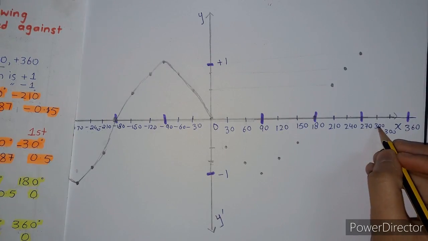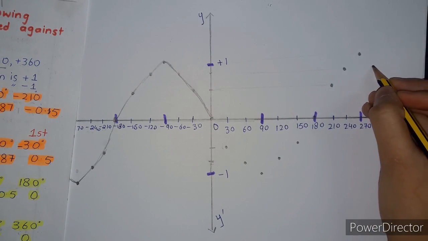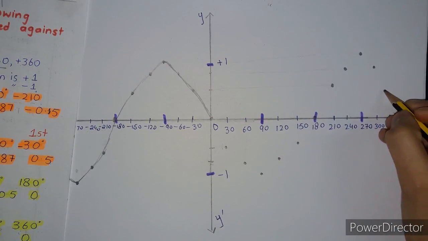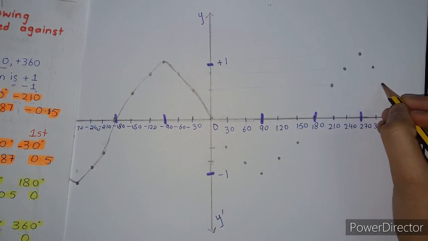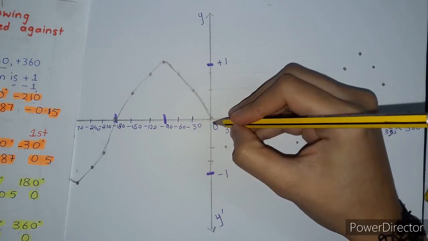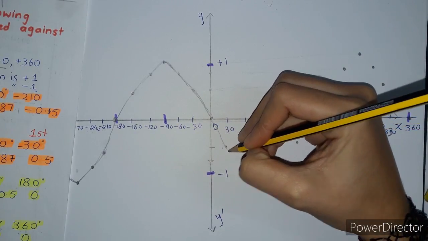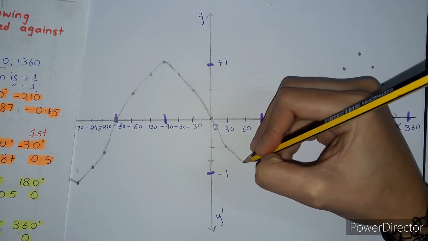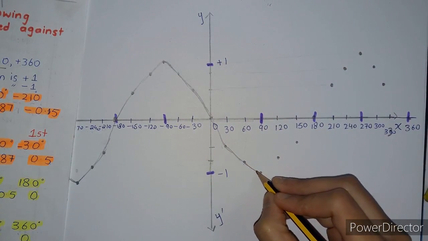Then 300 is 0.87 here, and 330 is 0.5 here, and 360 is 0. You have to join it like this. So this is how you have to join the curve.